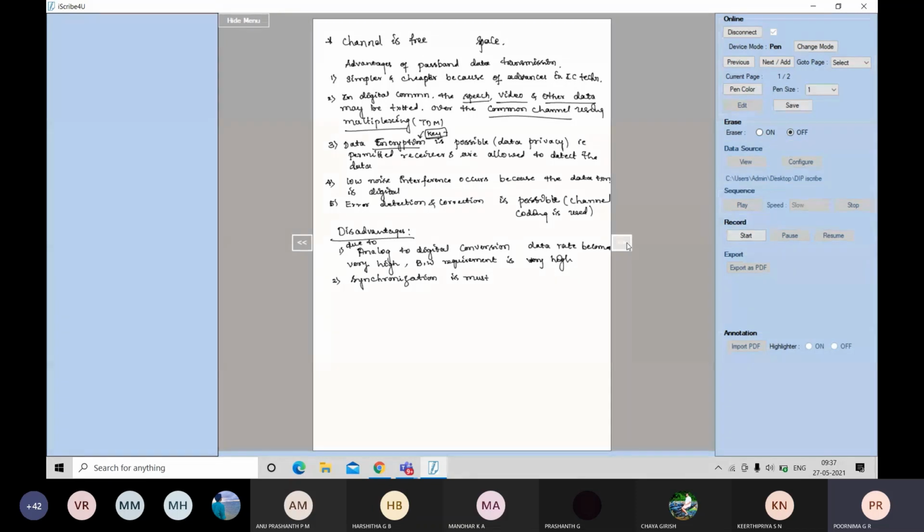So whenever we go for the coherent detection, synchronization between the transmitter and the receiver is very much essential. So these are the two disadvantages, but over many advantages, these two disadvantages will always be subsidized, and passband signal transmission will be taken care of in most of the communications.